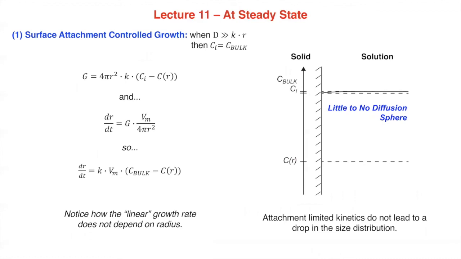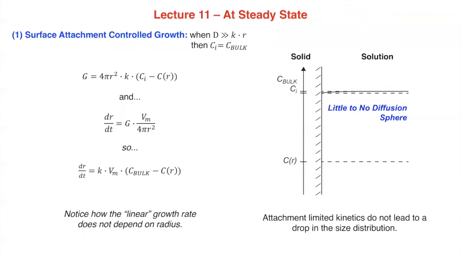And if you consider these mass transport issues, under those conditions, you'll find limited or no diffusion sphere, okay? So the bulk concentration will actually be equal to the concentration at the surface of the particle.